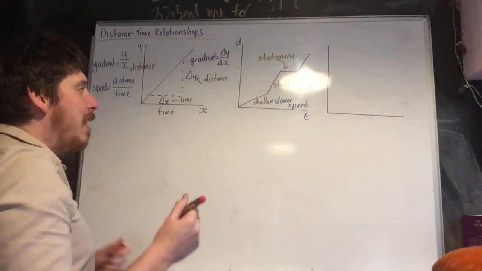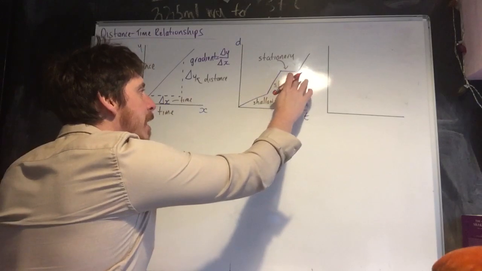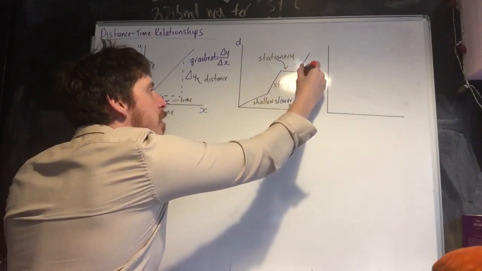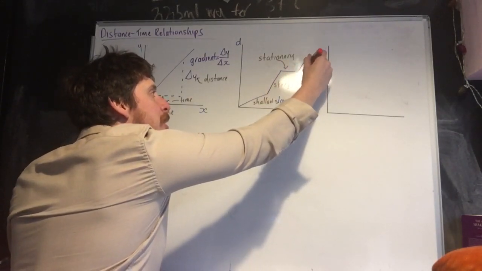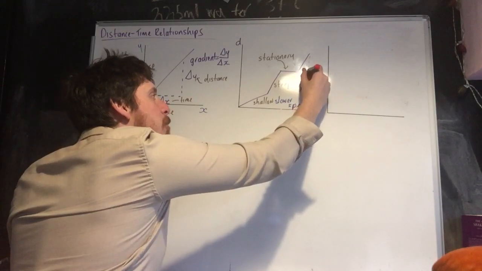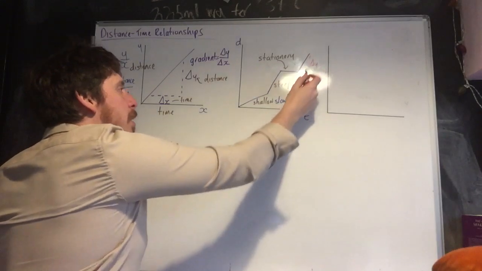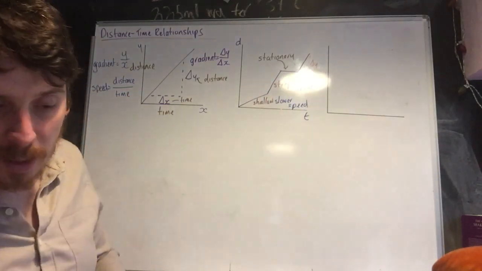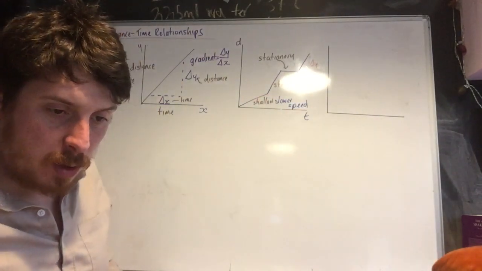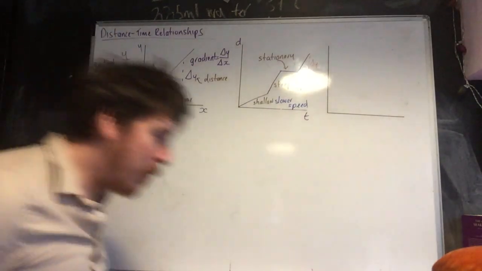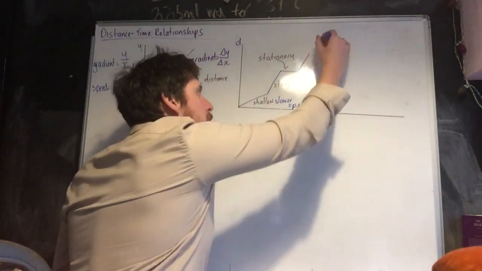If you were asked to calculate a speed after the stationary part, then you would simply read off the length of that value on the x, read off that value on the y, and it'd be y divided by x. For those of you who are doing the higher paper in physics, well done.